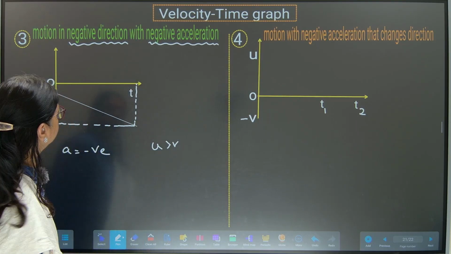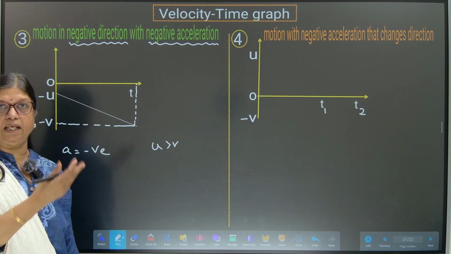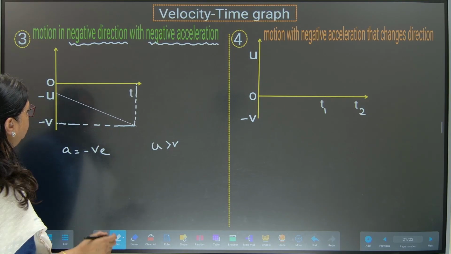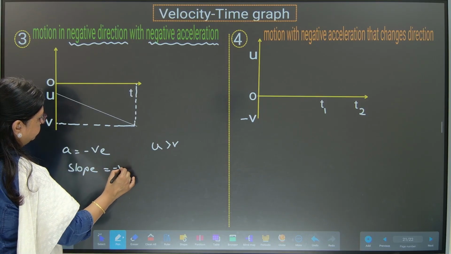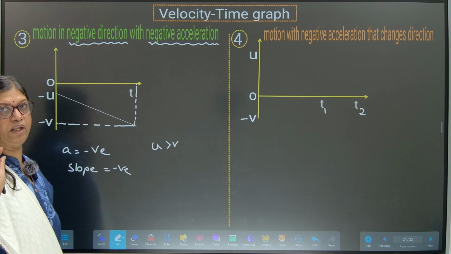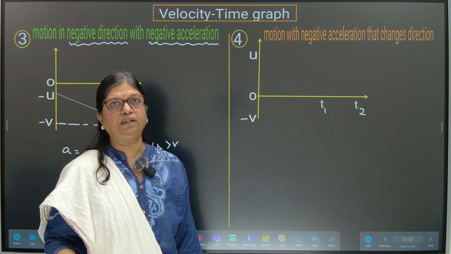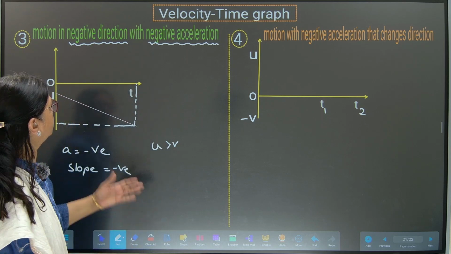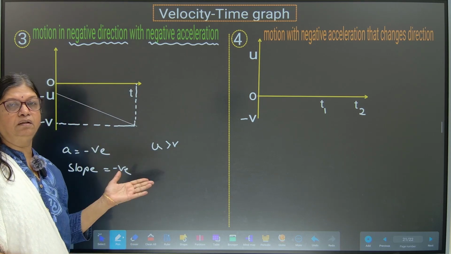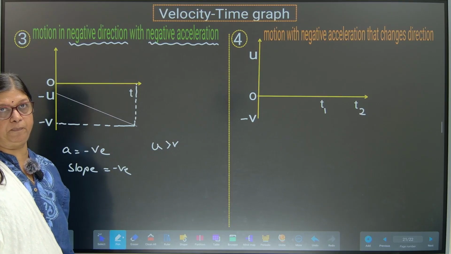Fine. Okay. So here also it is a slope. It is a negative slope. Okay. Slope. Negative slope. U greater than v. And because the direction is negative, we have plotted this graph in the fourth quadrant of any graph paper.